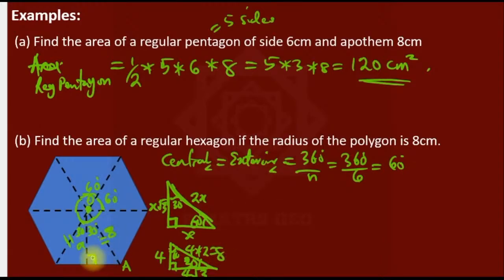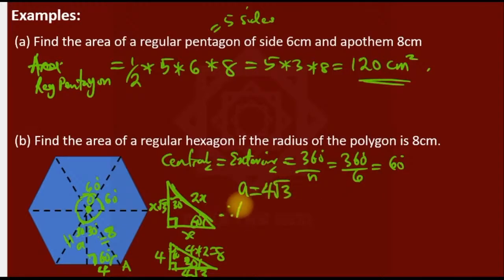Since the one opposite 90 is 8, the one opposite 30 will be 4. The remaining angle is 60, since this is a triangle with 90 and 30. Therefore, A will be 4 times root 3.